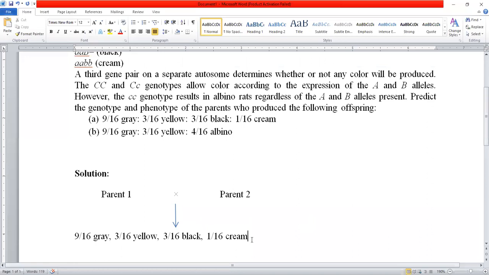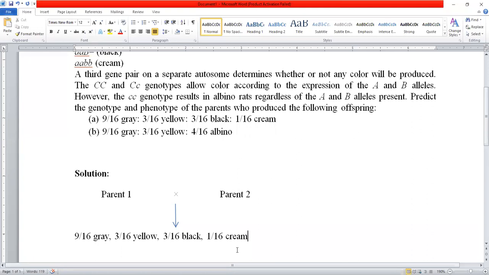So if the phenotype ratio is in sixteenths, two genes are in heterozygous condition, so the third gene pair is in homozygous condition. So from the data we have reached the conclusion that two gene pairs are in heterozygous condition and one gene pair is in homozygous condition.